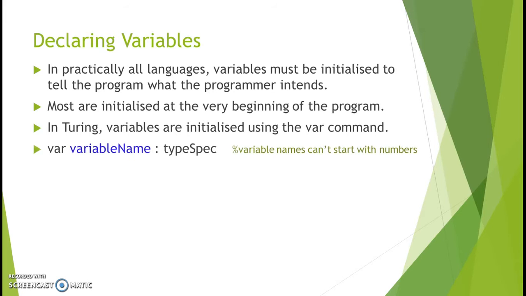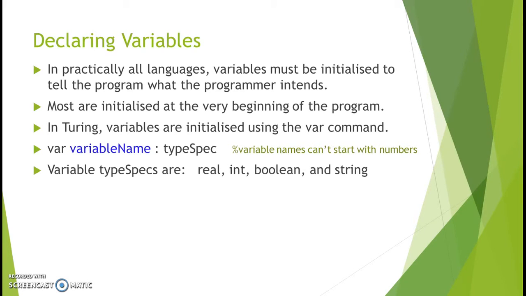And the var command is how Turing does this, and the syntax looks roughly like this. Notice again I've taken my text to look like what's in the compiler, of course, my comment that variable names are not allowed to start with numbers.